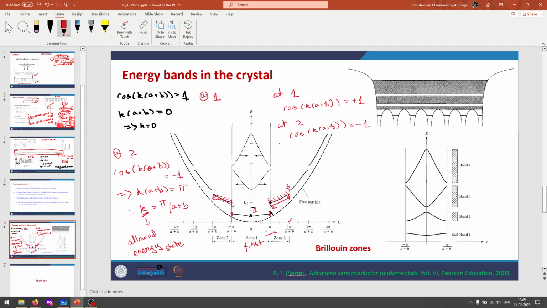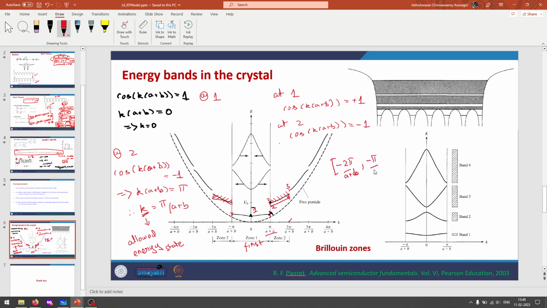These two regions, essentially from minus 2 pi to minus pi, if we are being mathematically specific, it will be this. Let me close them on the left side.